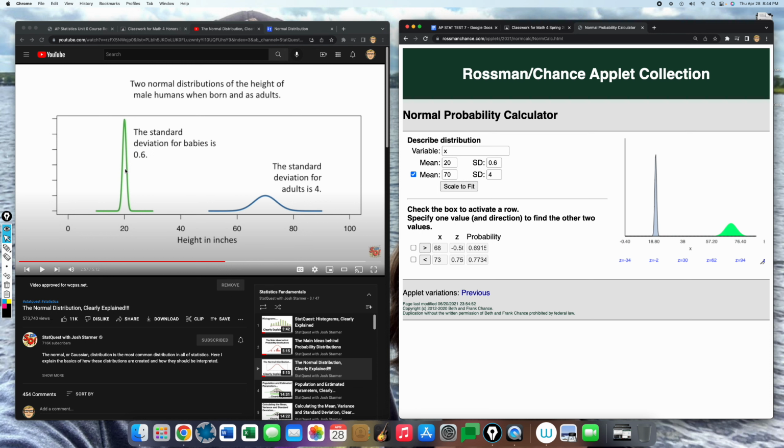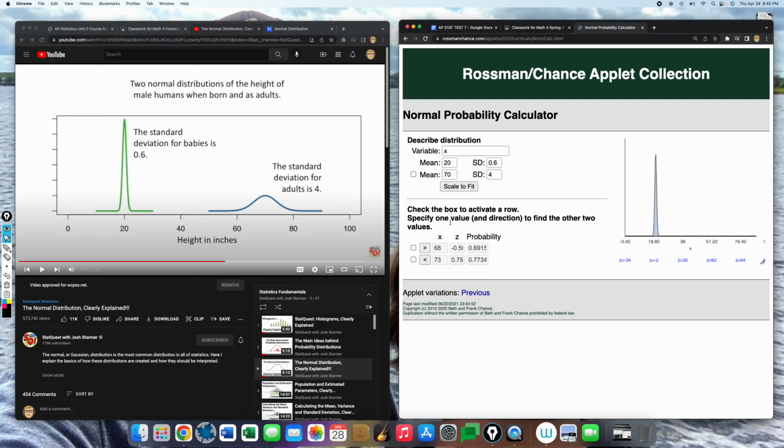And there's the same exact graphic from Josh Starmer's video from StatQuest, right? Here is the baby distribution and here is the adult distribution, and you can see them both together on the same graph. You're not going to need to do that for your class, but if you're comparing two different populations, it's kind of helpful to see both of them in general.